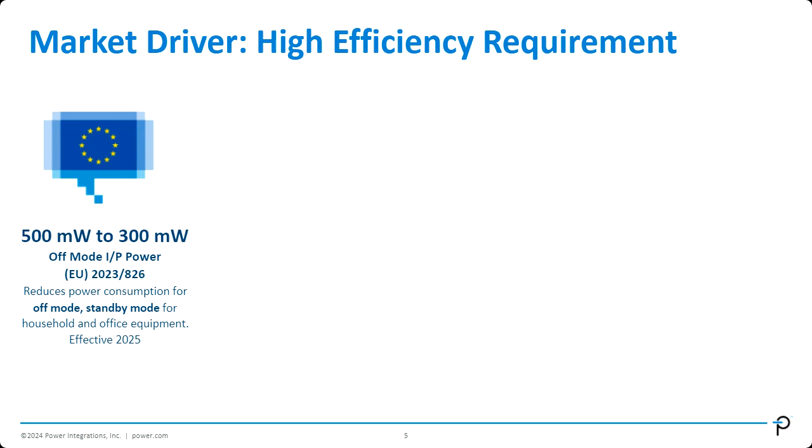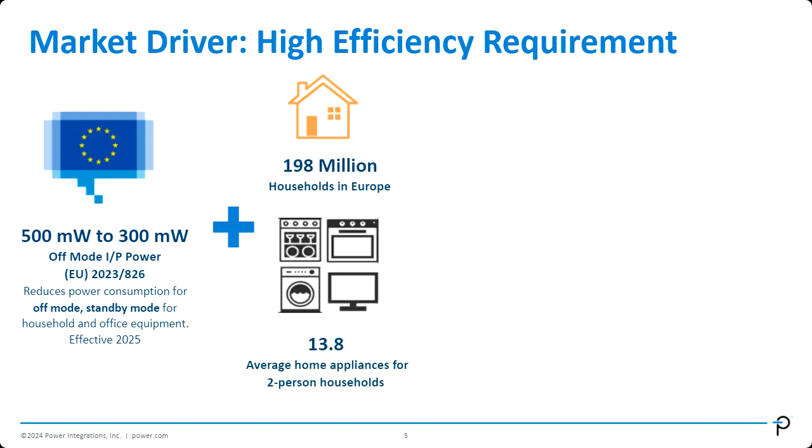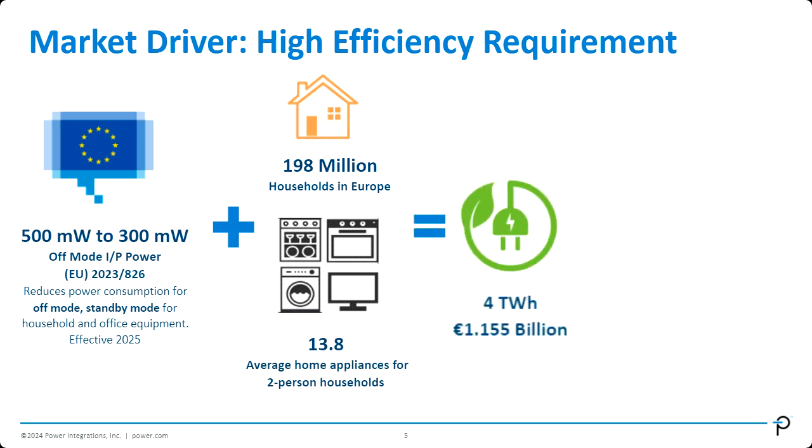So what does this 200 milliwatts mean to us designers? If we stack up all the numbers here, the average households in Europe, almost 200 million, and the average home appliances for each household being almost 14. If we stack up all these numbers, it gives us a 4 terawatt hour, which is equivalent to 1.155 billion euros energy saving by the year 2030.